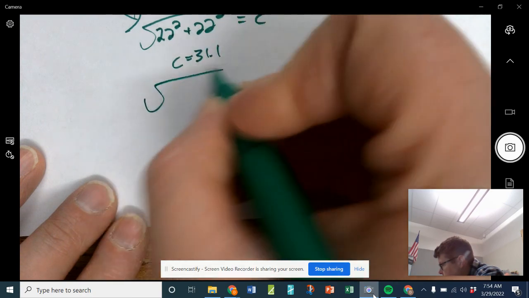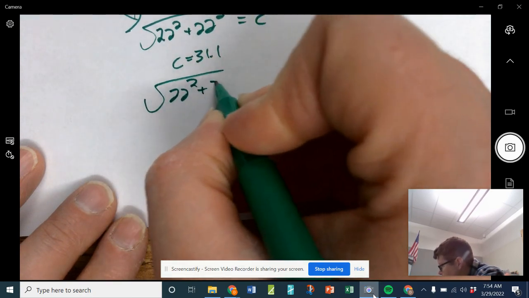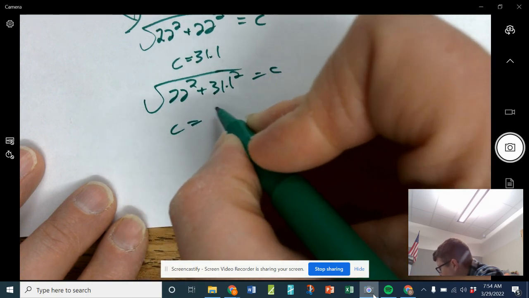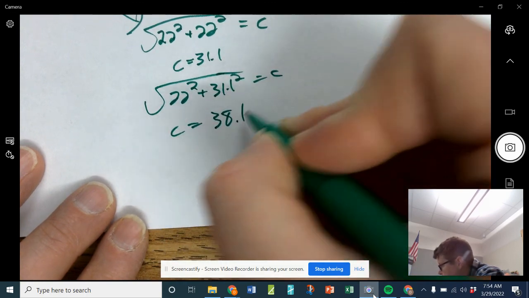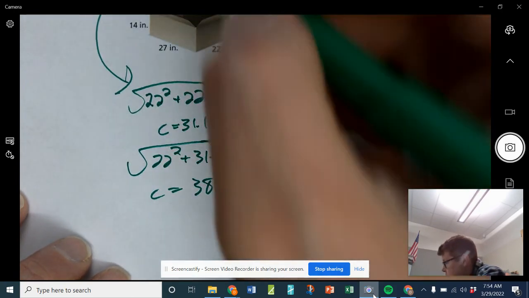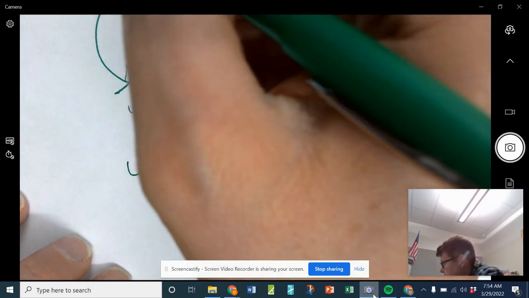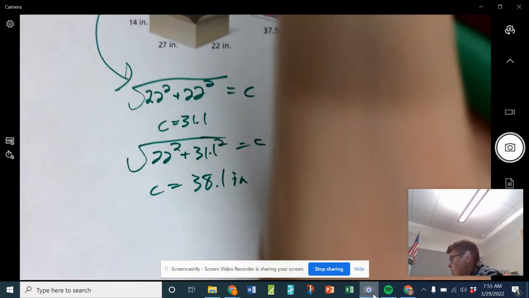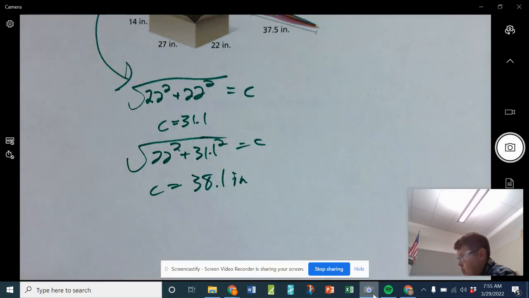Let's write it out: 22 squared plus 31.1 squared equals C. So that second one gives us 38.1, which would fit as well, because it's longer than 37.5. So this box would actually work if you put it cross diagonal from one corner to the other corner. So that one would work as well.